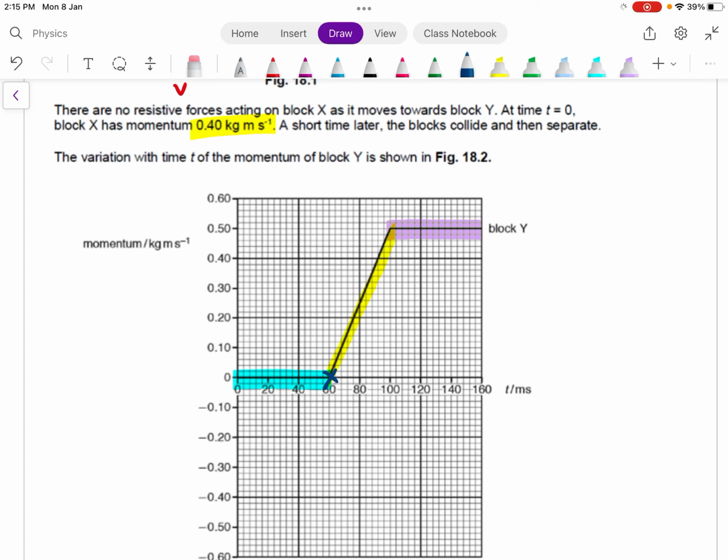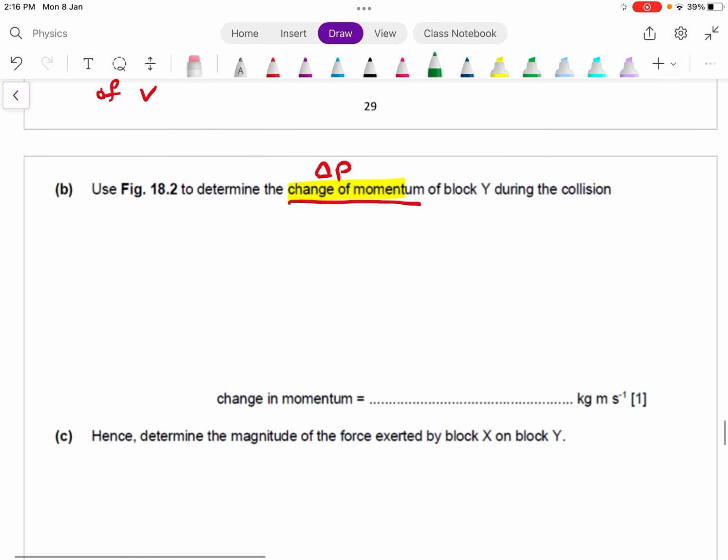After the collision, the momentum of block Y will be roughly 0.5. So delta P is equal to final momentum PF minus initial momentum. Final momentum is 0.5, initial momentum is 0. So the change in momentum is 0.5 kg meter per second.